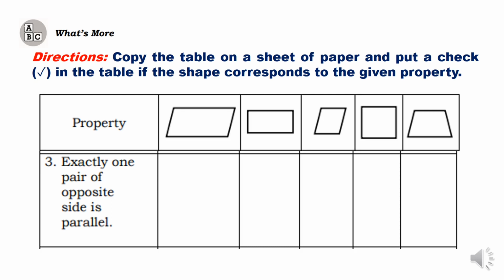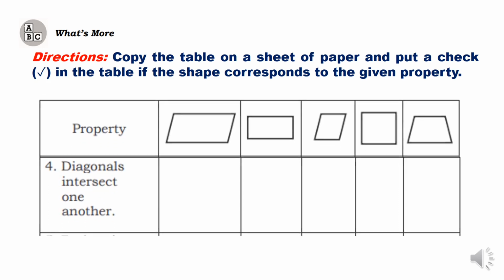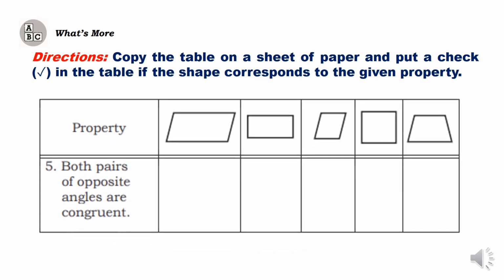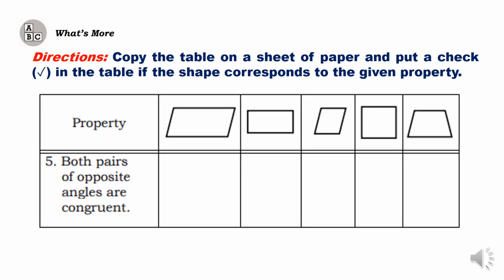Number 3, exactly one pair of opposite sides is parallel. Number 4, diagonals intersect one another. Number 5, both pairs of opposite angles are congruent. Parallelogram, rectangle, rhombus, and square.